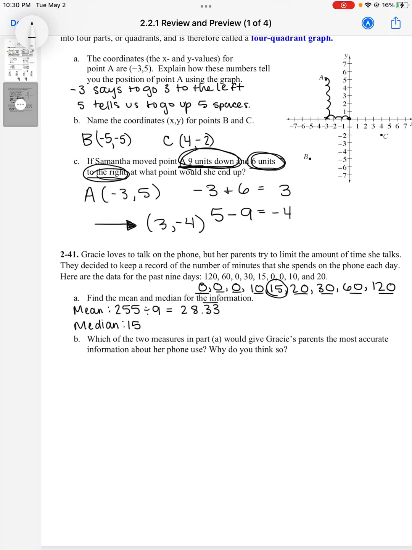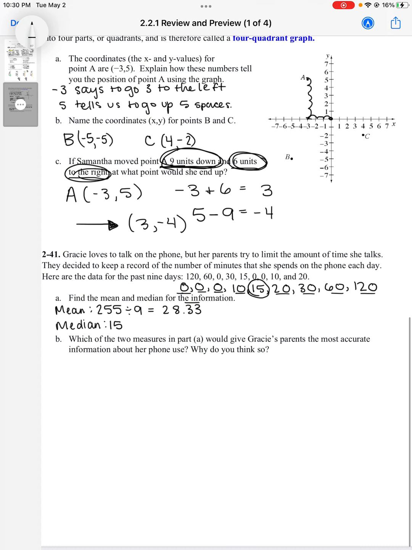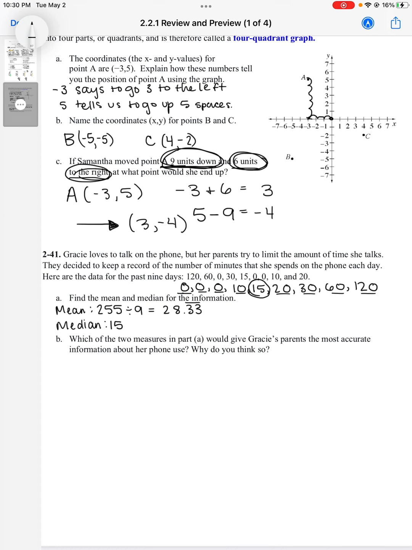Okay. So part B says, well, which of the 2 measures is going to give Gracie's parents the most accurate information about her phone use? Why do you think so? So the first thing we have to figure out are there any outliers, or is our data pretty symmetrical? Okay, so 0, 0, 10, 15, 20, 30, 60.